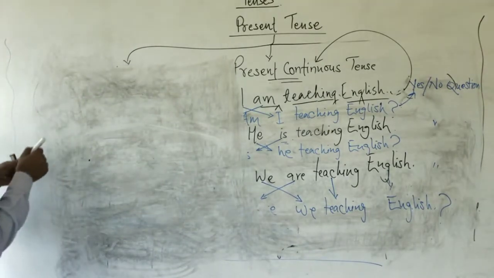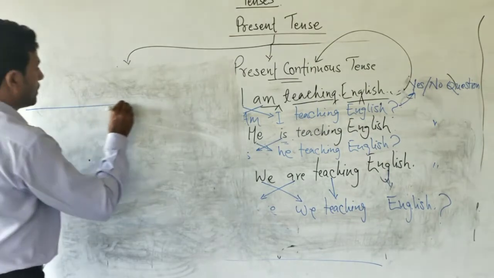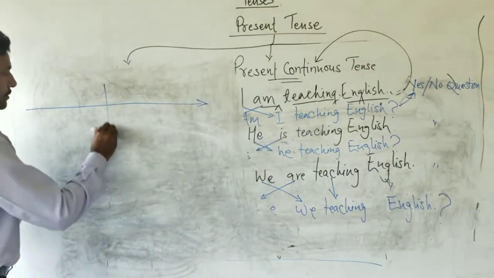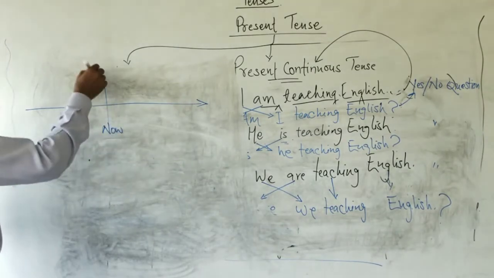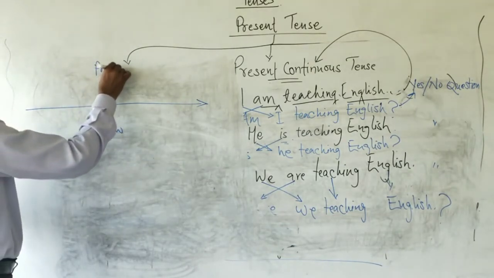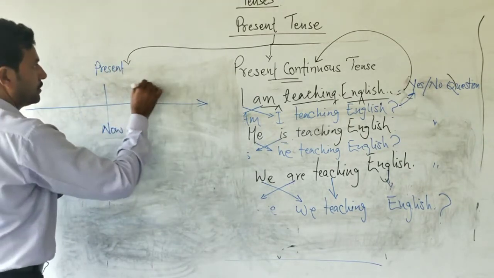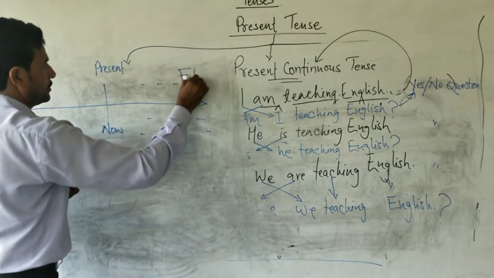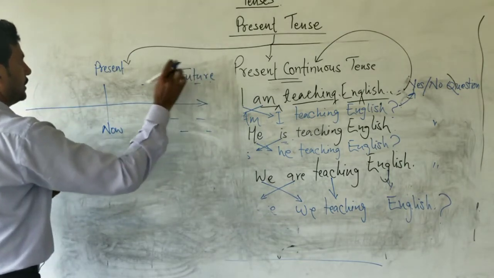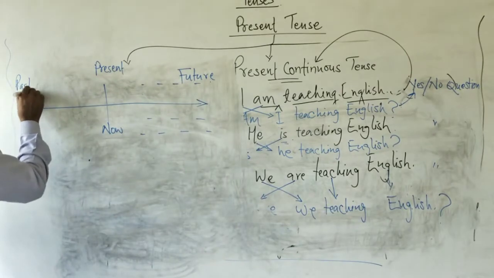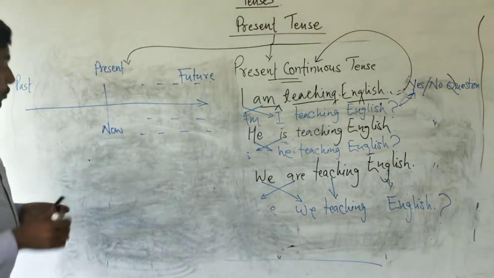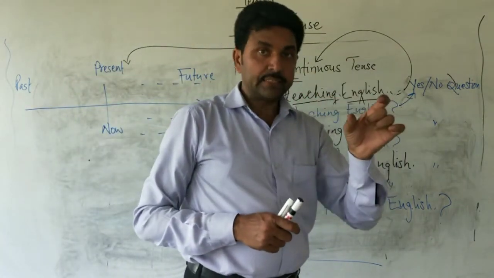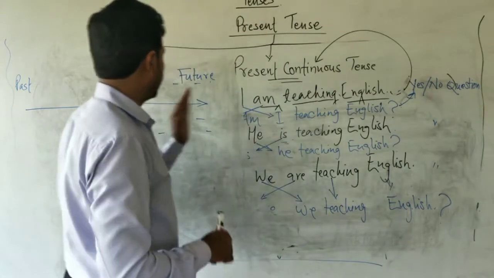Suppose that this is the timeline. Time is going on. Here we are. This is now. Now means this is present. These are all future, and this is all past. So where does our present continuous tense sentence fall on this timeline?